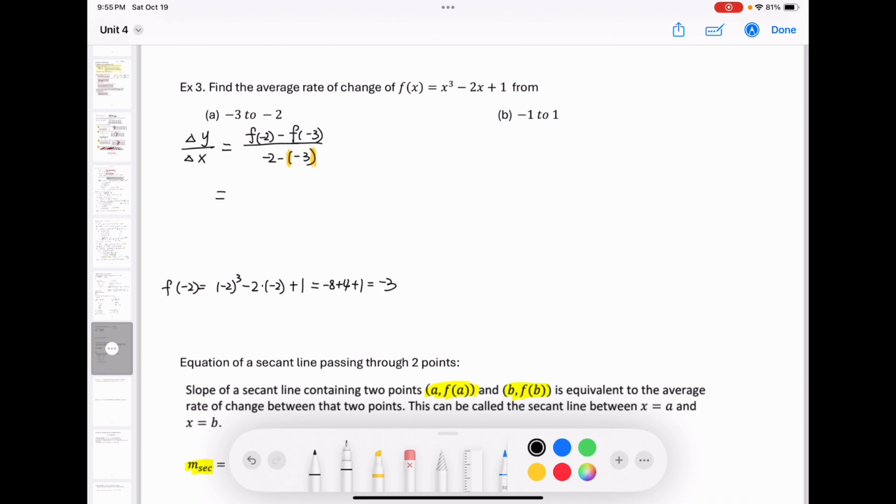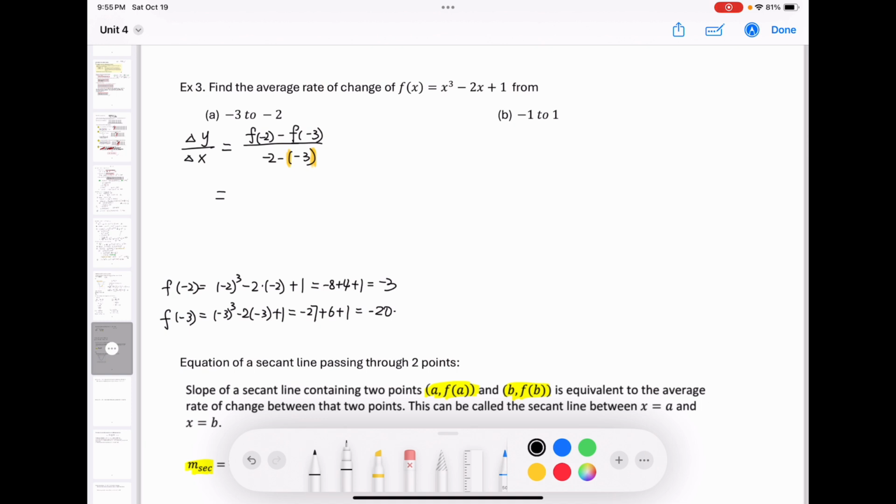And then f of -3 is equal to -3 cubed minus 2 times -3 plus 1, which is equal to -27 plus 6 plus 1, which is equal to -20.